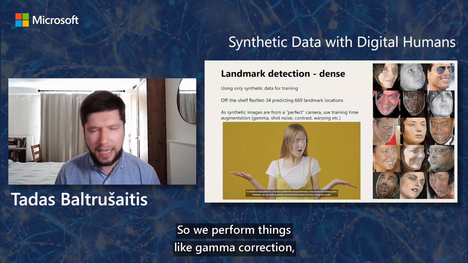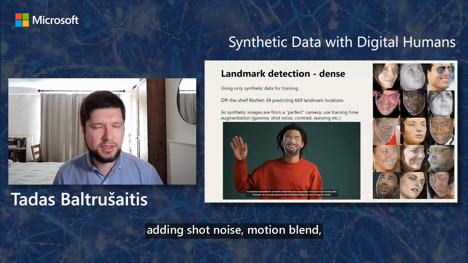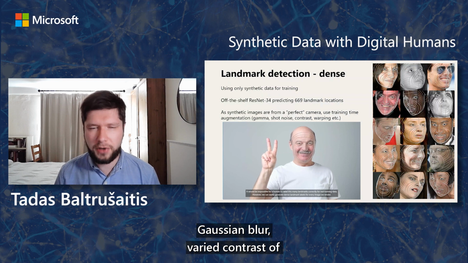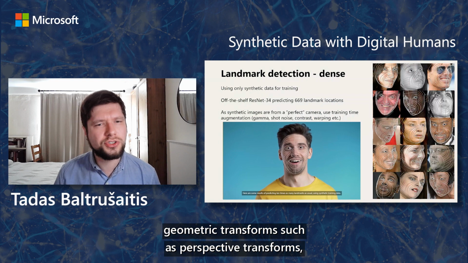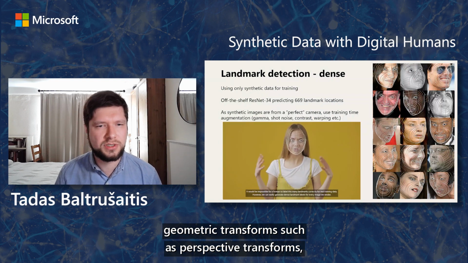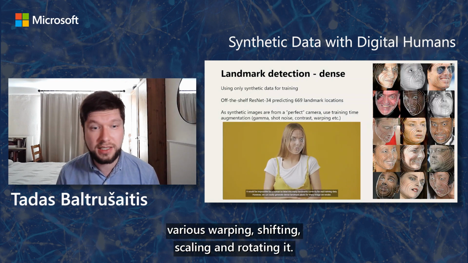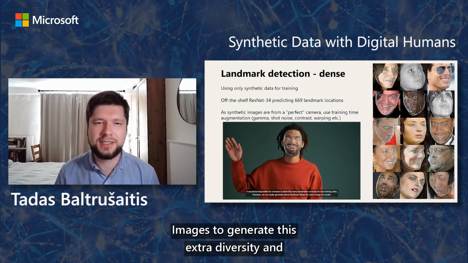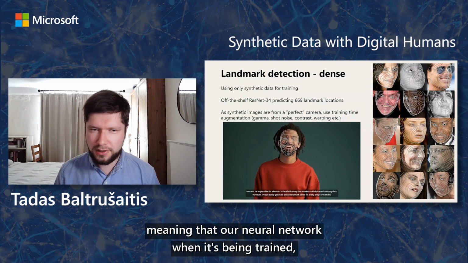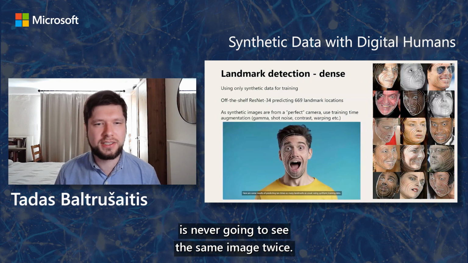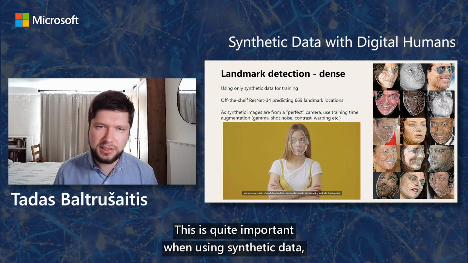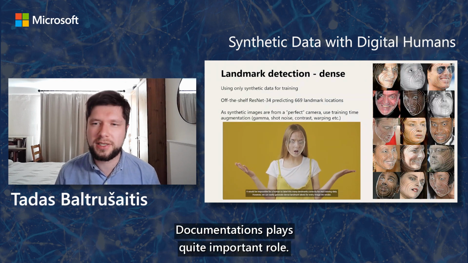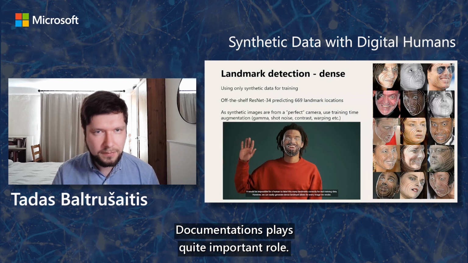So we perform things like gamma correction, adding shot noise, motion blur, Gaussian blur, varying the contrast of the image, and also a lot of geometric transforms such as perspective transforms, various warping, shifting, scaling, and rotating of images to generate this extra diversity, meaning that our neural network, when it's being trained, is never going to see the same image twice. So this is quite important when using synthetic data, but also when using real data too. The augmentations play quite an important role.